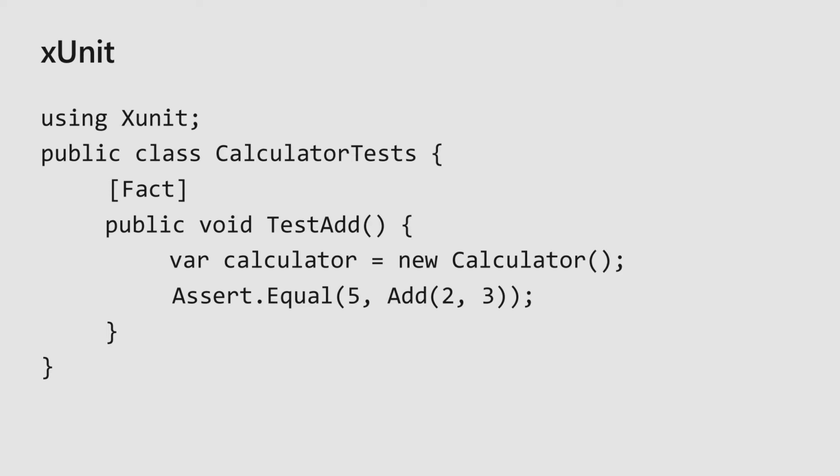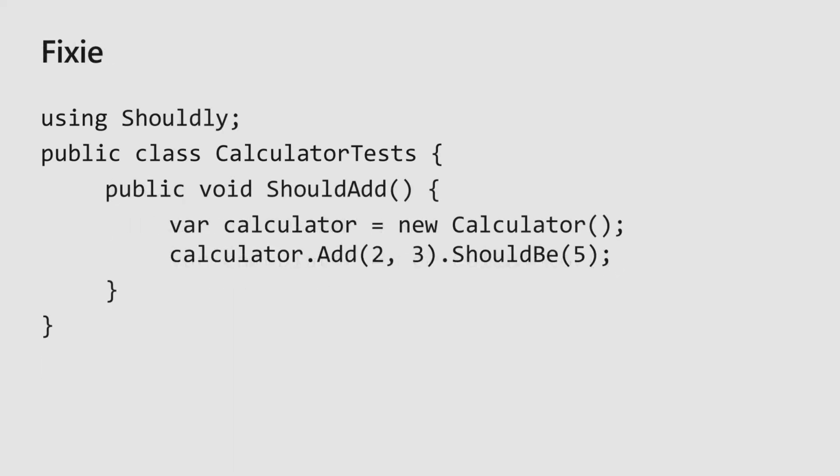Now, I want to show you Fixie. Fixie is very interesting because, unlike XUnit, NUnit, and MS Test, which prefer configurations and attributes, Fixie is a bit more on the lightweight side, and a lot more convention-based.